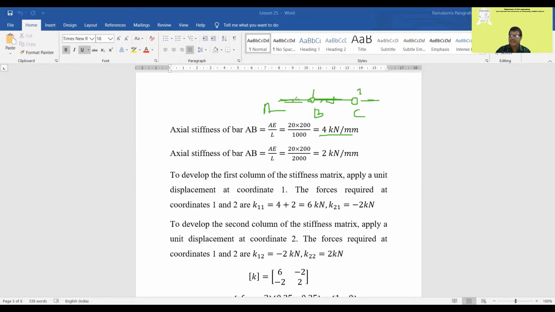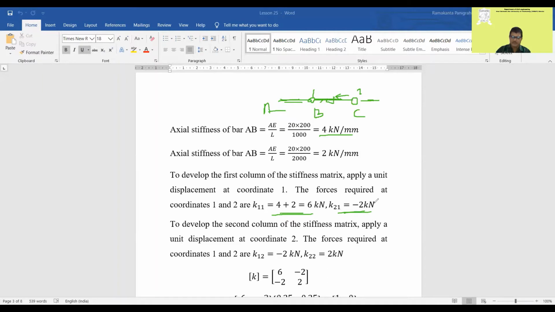They will combine, BA and BC. So 4 plus 2 becomes 6 kilonewton. Now what will be at C? At C it will come from only BC, and that will be in the opposite direction. That will be minus 2 kilonewton.